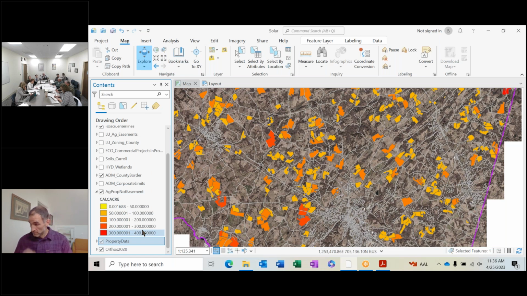Between 200 and 300 acres, there are 9 properties, making up 2,014 acres. Between 300 and 400 acres, there are 3 properties, making up 989 acres. In total, what's available from an agricultural perspective, greater than 50 acres, not preserved, is 42,743 acres.